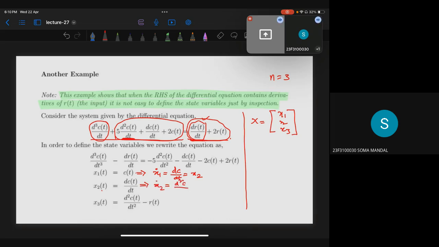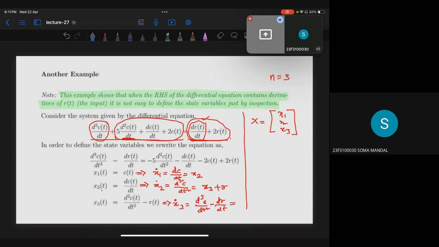What is this? It is x3 plus r of t. Now x3 dot is d cube c by dt cube minus dr by dt. Now what is d cube c by dt cube?